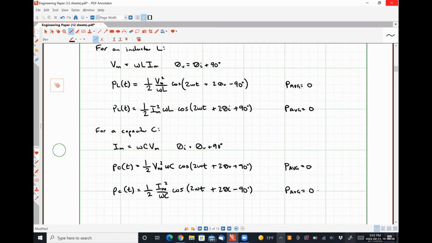You need to either convert that twice omega t bit to an angle in degrees, or convert all of your phase angles into radians.